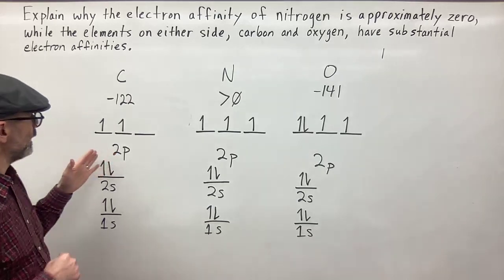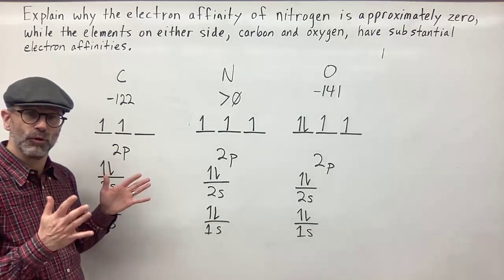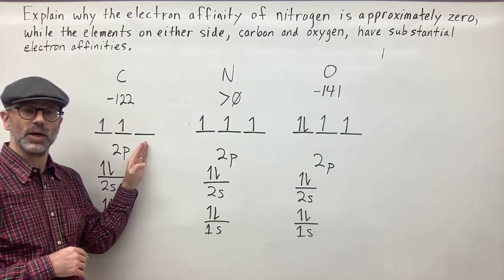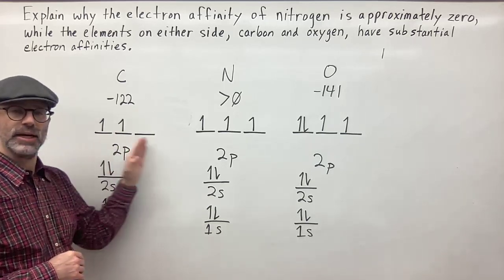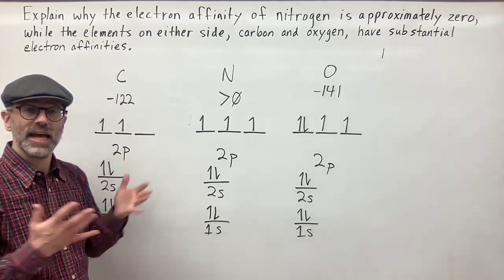So here you can see that carbon doesn't have a half-full shell, but it only needs one electron. If carbon gains one electron, then it's going to have a half-full sublevel, and that's going to have a stabilizing effect.